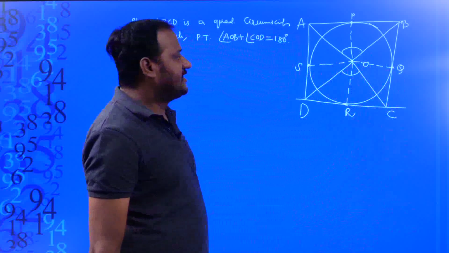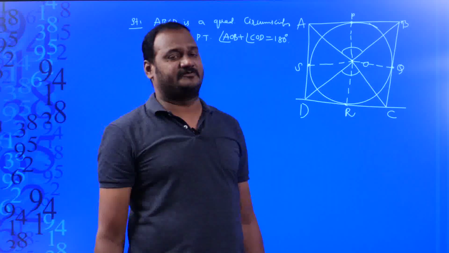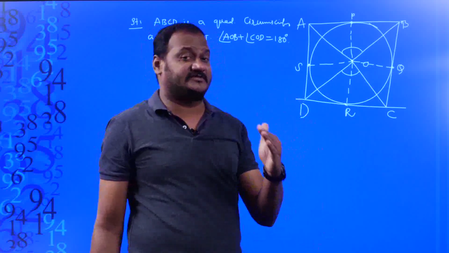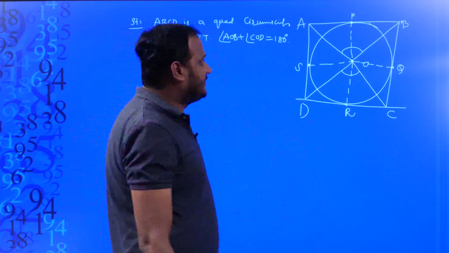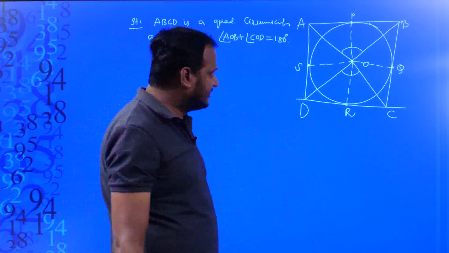After joining them, we already proved a set of pairs of triangles which are congruent by RHS congruence. Do you remember that? I am going to use the same strategy to prove this also.